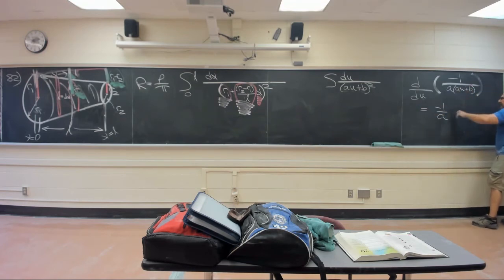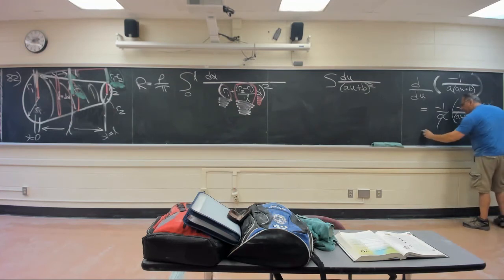The derivative of this quantity to the negative 1 is negative 1 over AU plus B squared, times, by the chain rule, the derivative of AU plus B, which is A. A and A cancel.